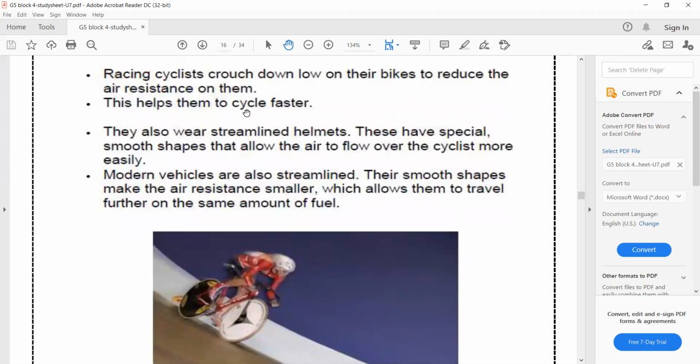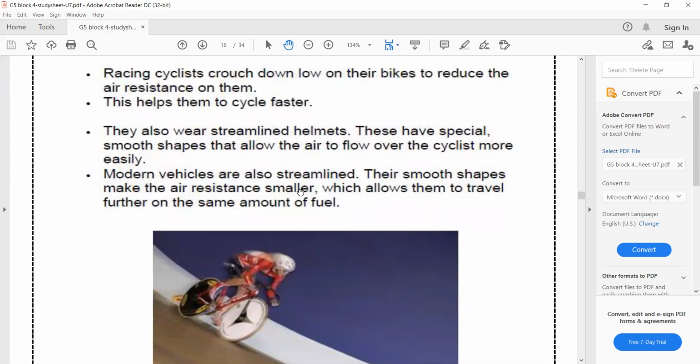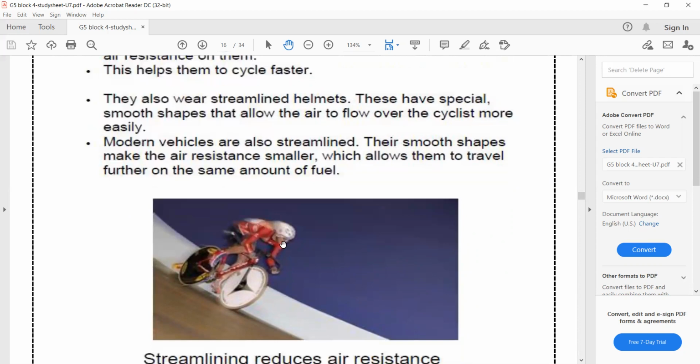This helps them to cycle faster. In this picture, this man crouches down low, okay, to reduce the surface area, so it reduces the air resistance.